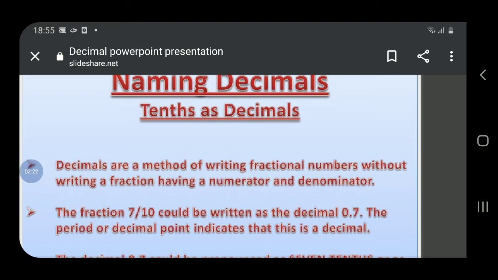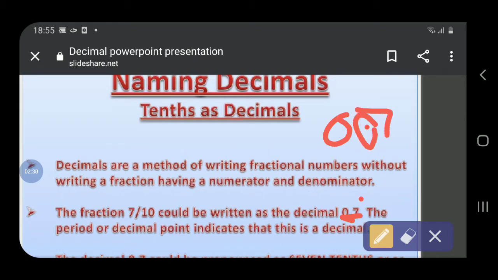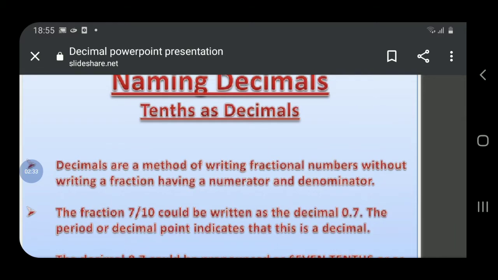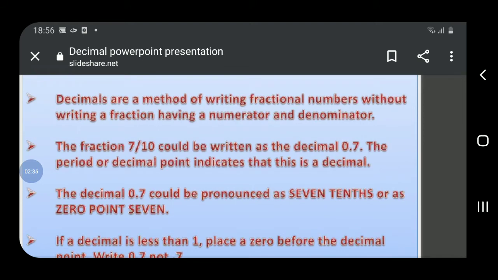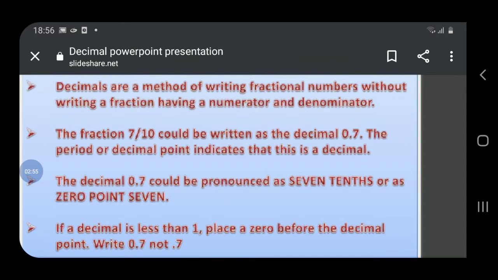We can see this dot between 0 and 7. This is a decimal point. So the decimal point is very necessary to indicate a decimal. Fractions are pronounced as 7/10, but decimals can be pronounced as 7/10 or 0.7. 0.7 is more common than 7/10.